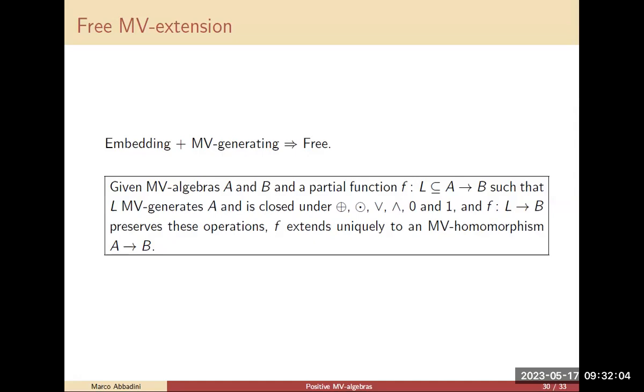Or in other words, I have MV-algebras A and B, and a partial function F from the subalgebra L to B, which generates A and is closed under the positive operations. If F preserves all these positive operations, then F extends uniquely to an MV homomorphism.